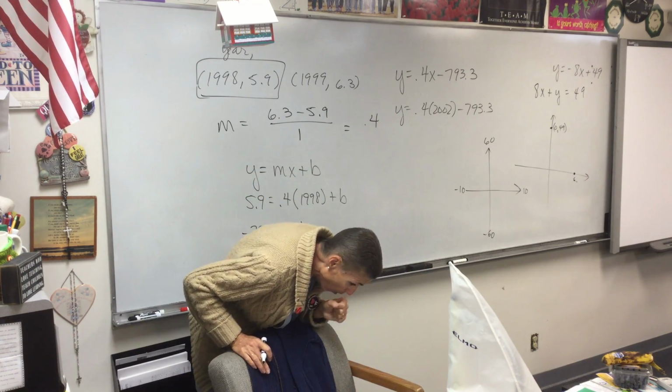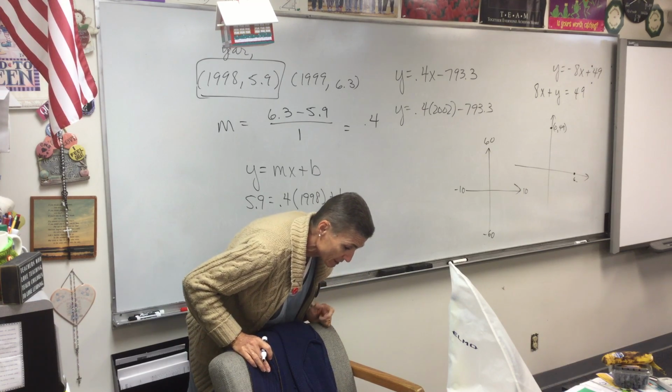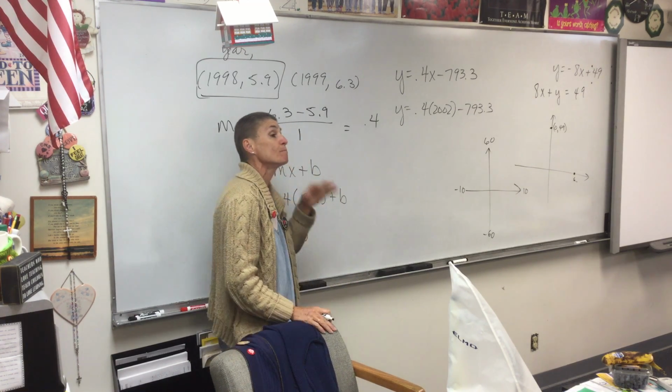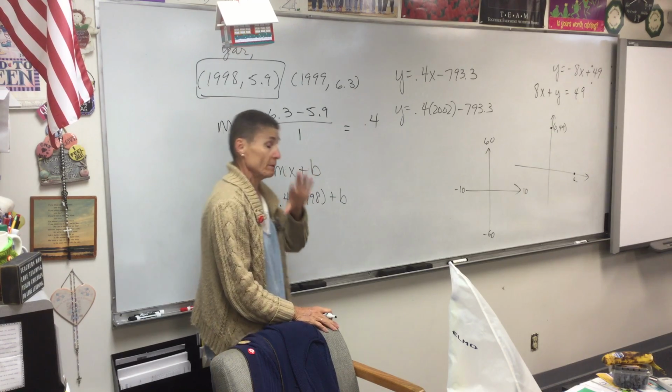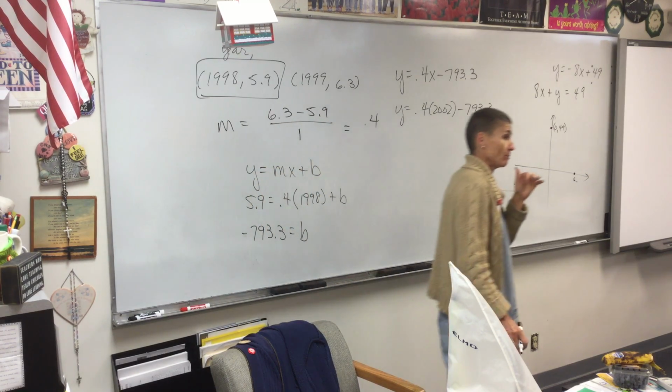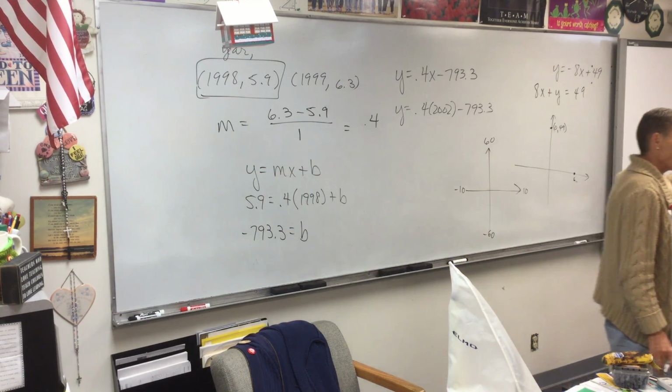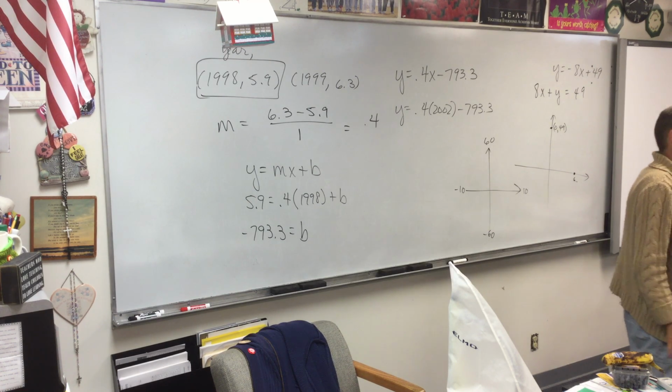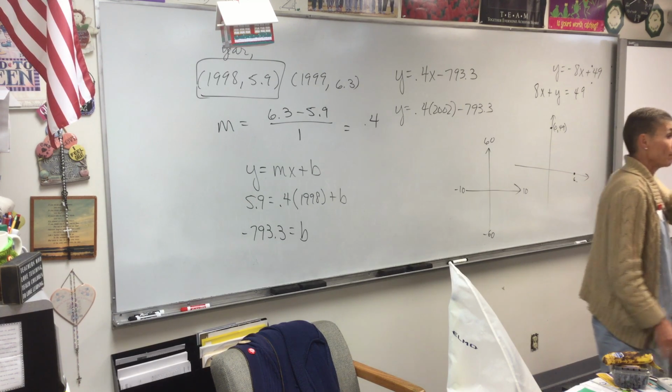Then it says superimpose a graph of the linear equation on top of the scatter plot. So now we're going to build the scatter plot like we did yesterday, remember? You put these numbers into your calculator, stat plot, and there it comes.